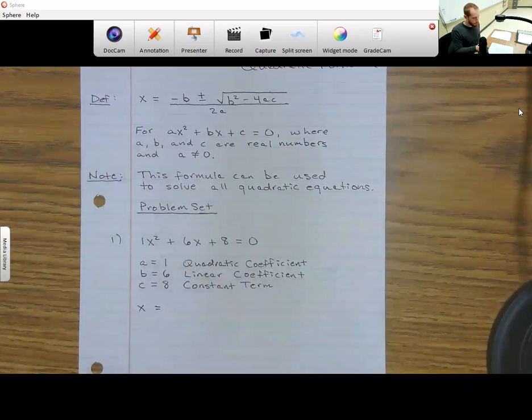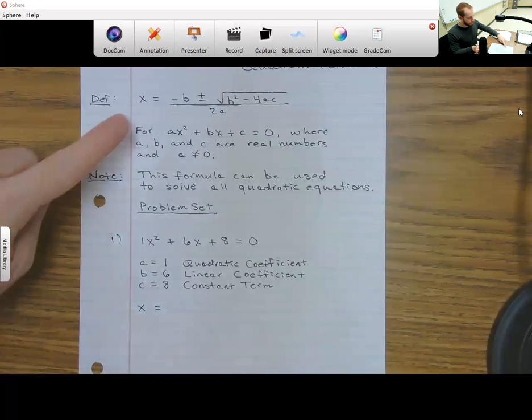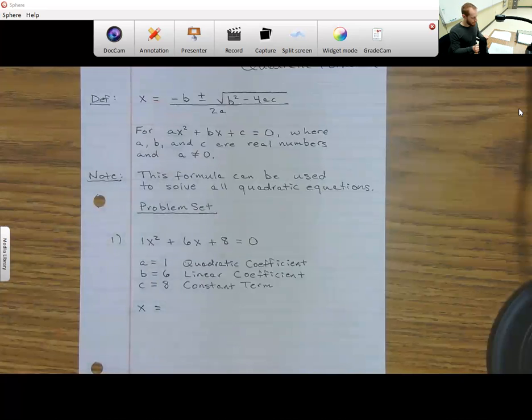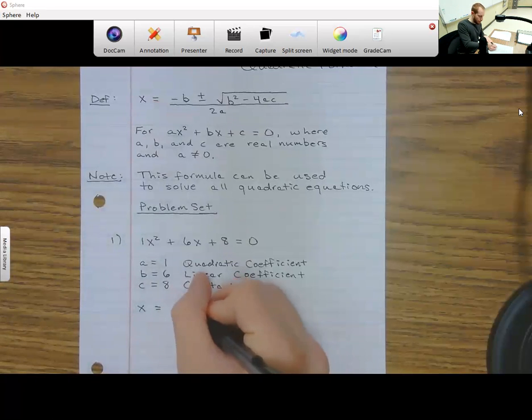It's not going to be a number yet. Eventually it will be, but I'm going to keep the x the same. And then I have to put in negative b. So that means I've got to take my linear coefficient, which is 6, and make it negative. So I'm going to start off with a negative 6.